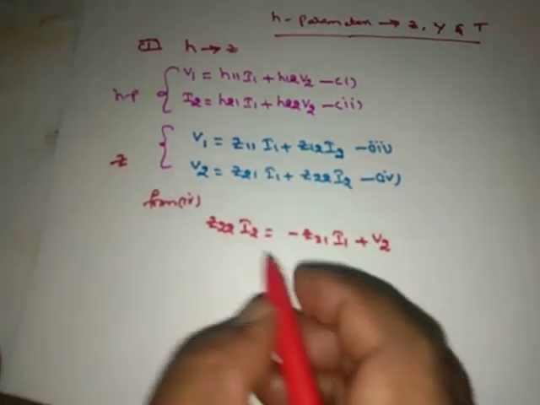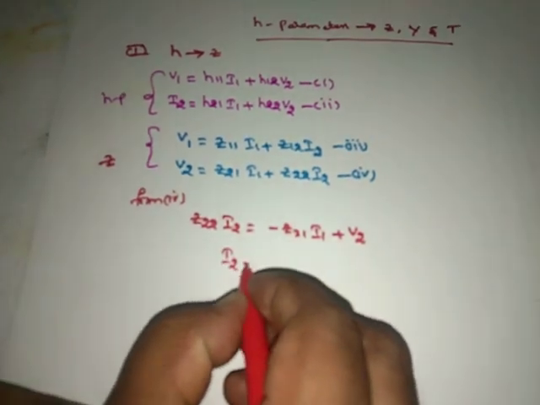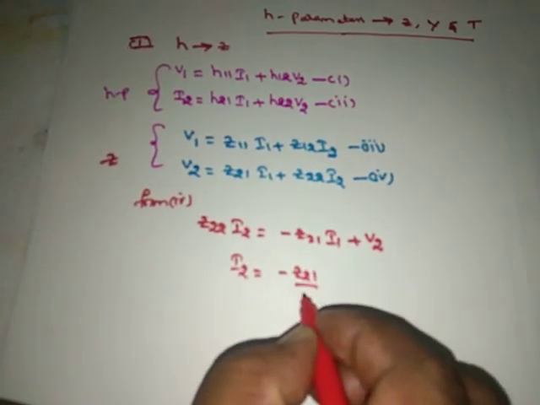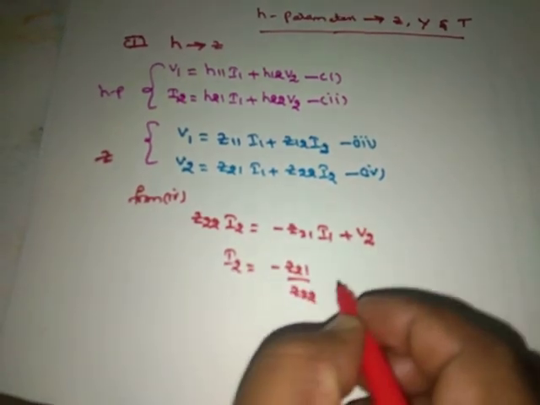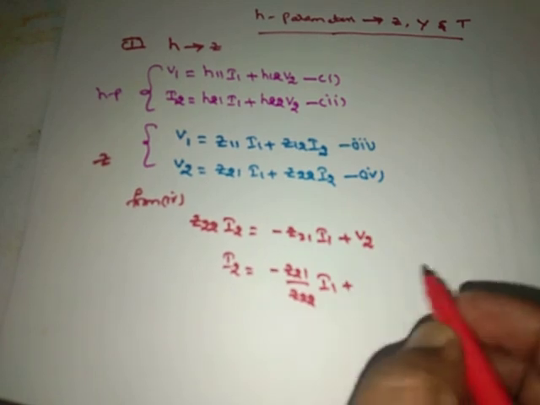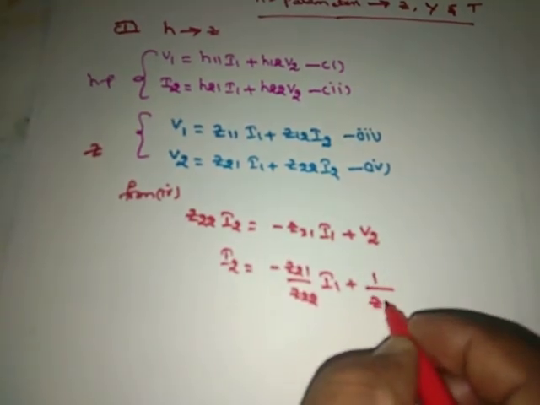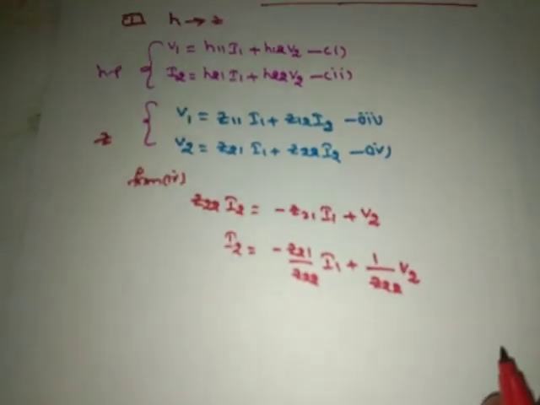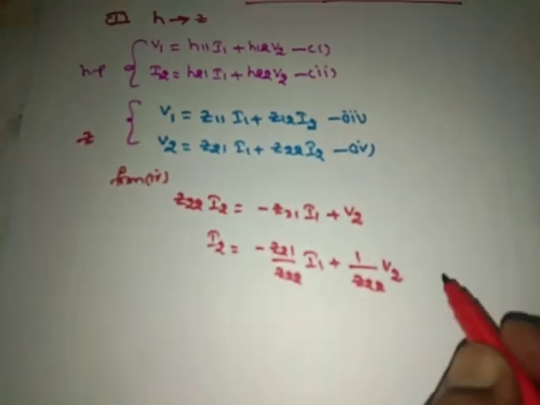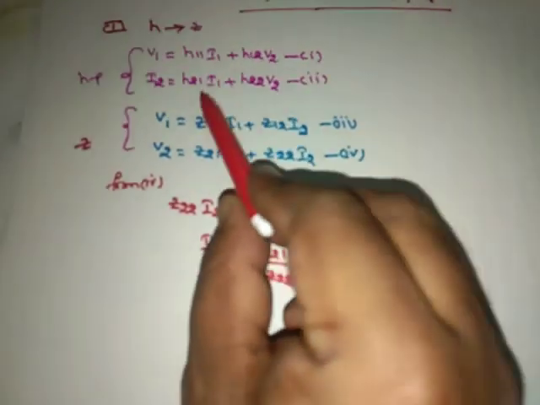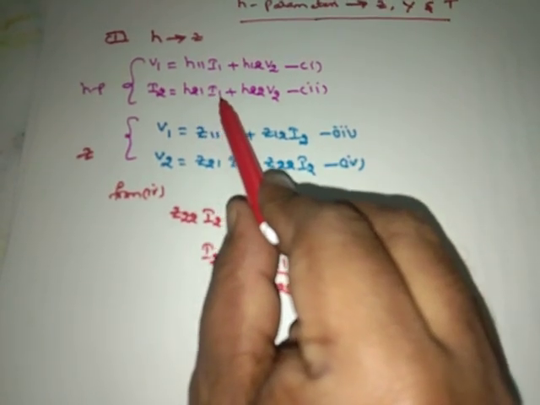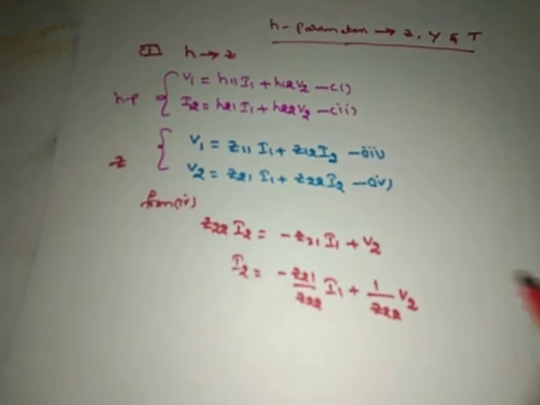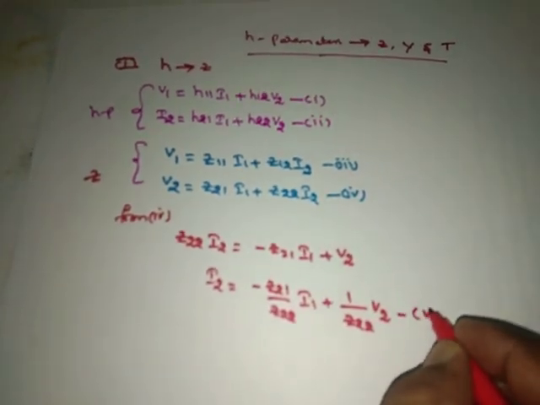From that, I2 is equal to minus Z21 by Z22 I1 plus 1 by Z22 V2. Here I2 depends upon I1 and V2. This is equation 5.